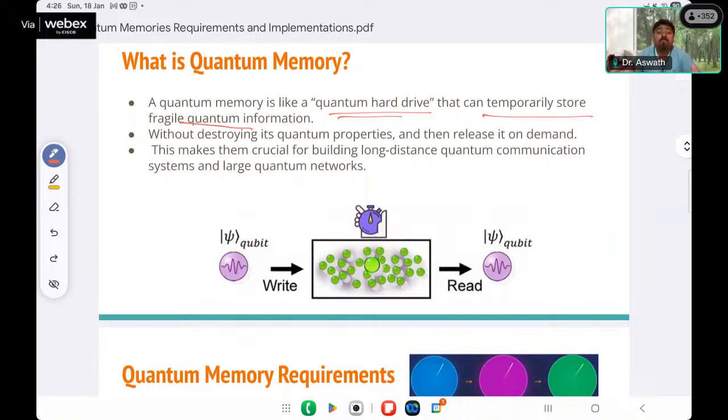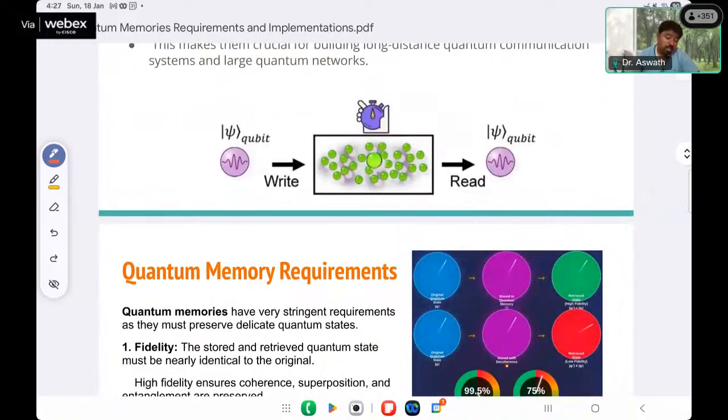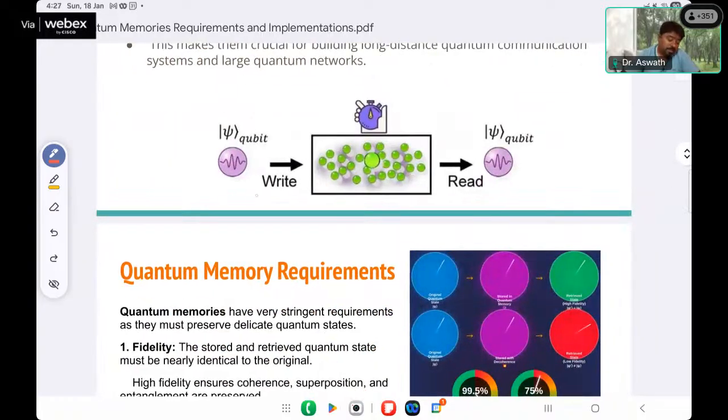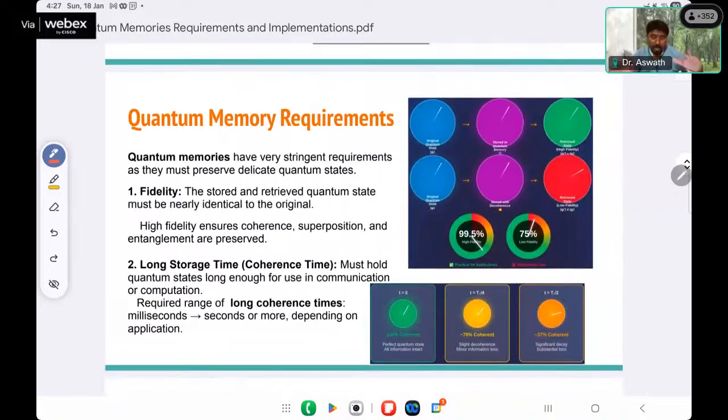This makes quantum memory very crucial to building long distance communication systems and large quantum networks. Let's say there is a quantum memory, I send the qubit information into it, it is stored, and it needs to be read and retrieved at some point. Keep that in mind.